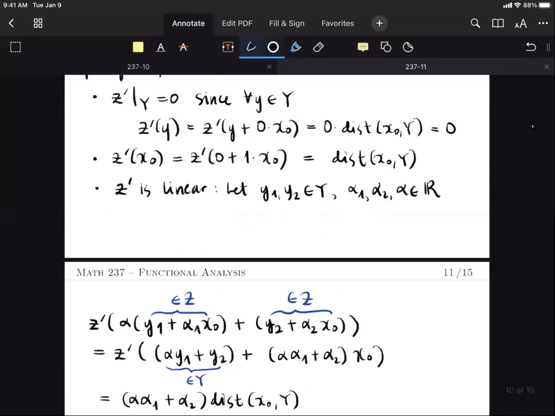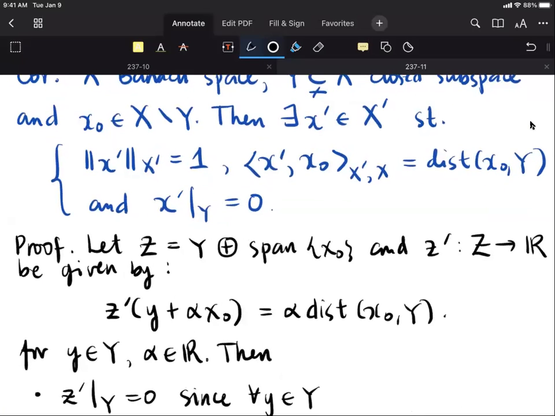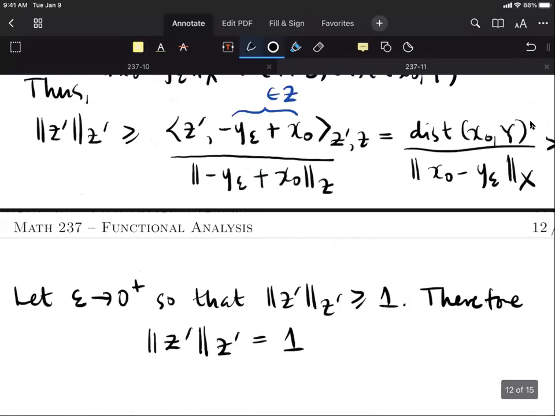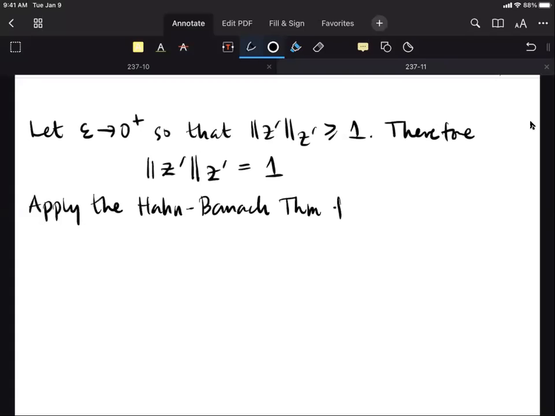Based on this, we can now apply the rest of the Hahn-Banach theorem, and I will leave the details to you. So apply the Hahn-Banach theorem for normed spaces.